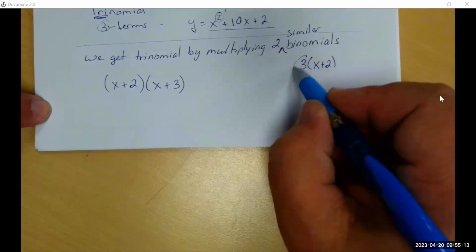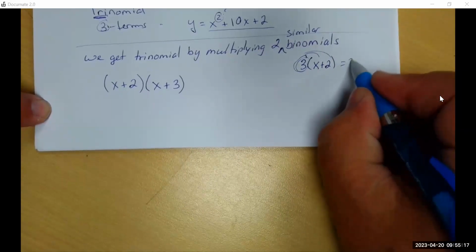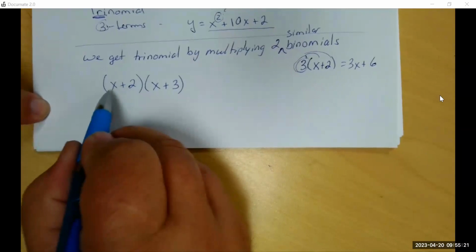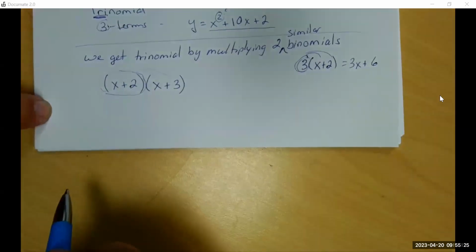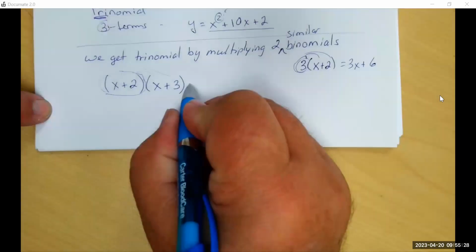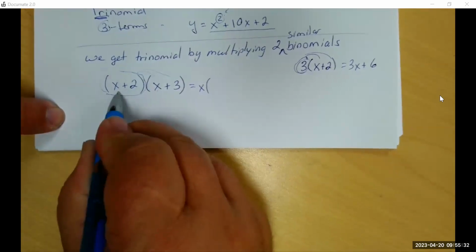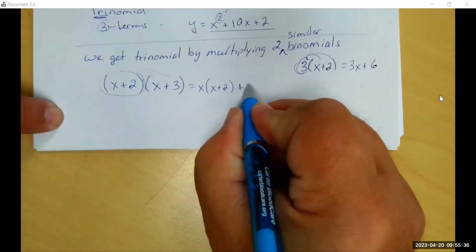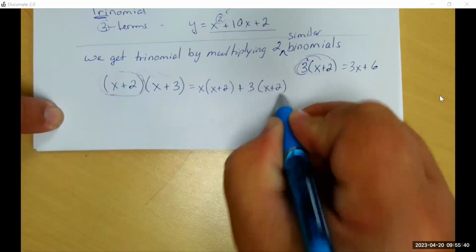Distribute. Whatever's in front multiplies to everything inside there. We do the same thing here. Whatever's in front multiplies to everything inside there. So it's x, this inside here, times x plus 2 plus 3 times x plus 2.